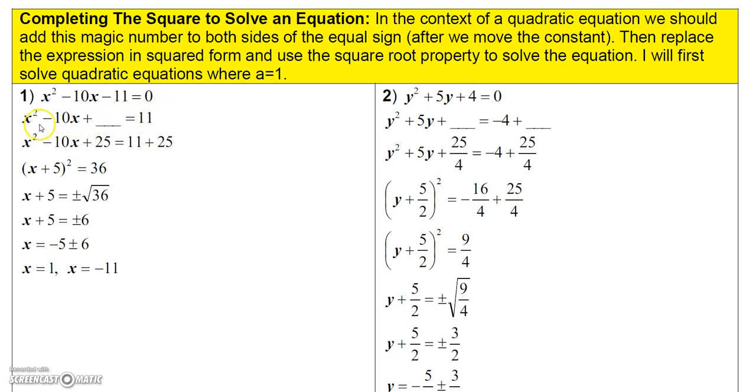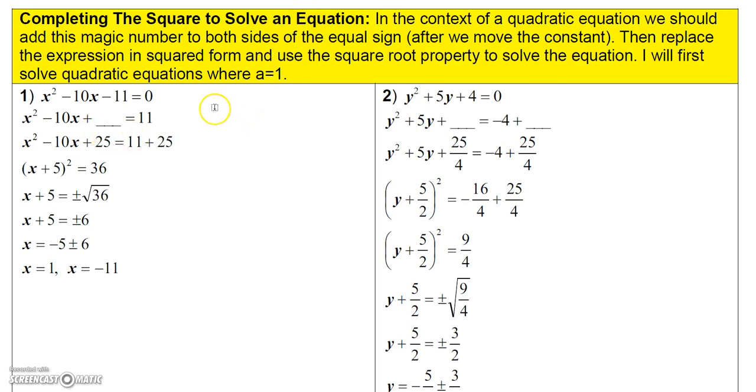So now I want to complete this and make this a perfect square. So I'll take half of negative 10, which is negative 5, and square it, and I get 25. Since I just showed you how to do that, I figure you can do it.